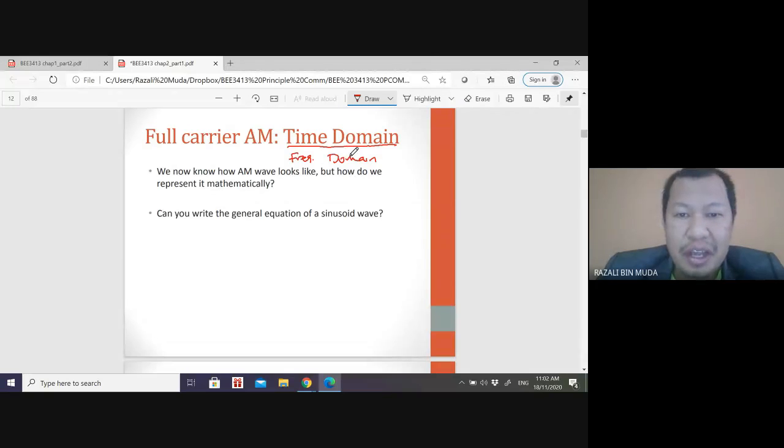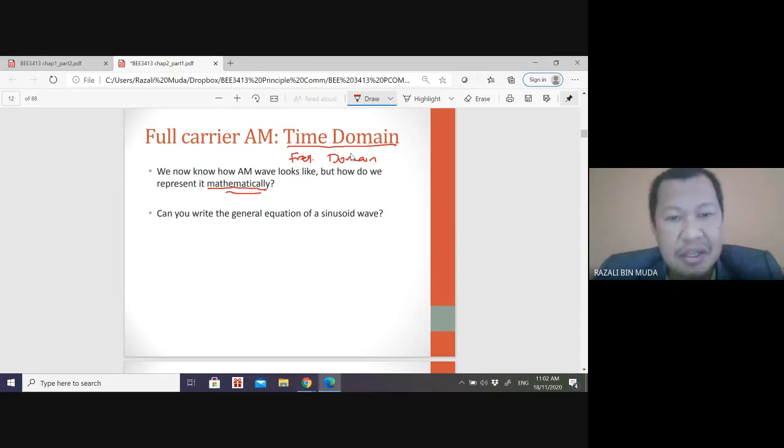Okay, full carrier AM, time domain. We know how the AM wave looks like. It looks like an envelope. But how do we analyze it in terms of mathematics?